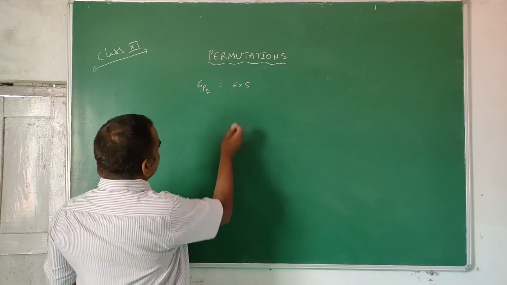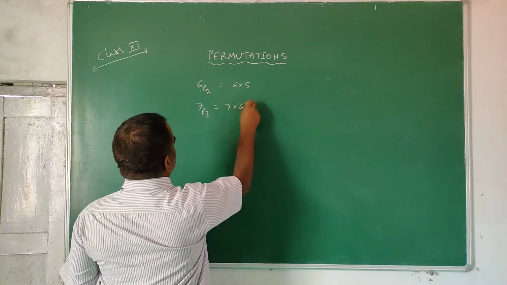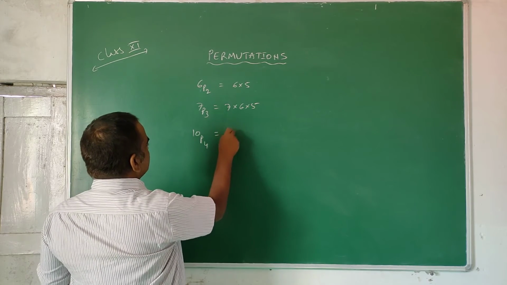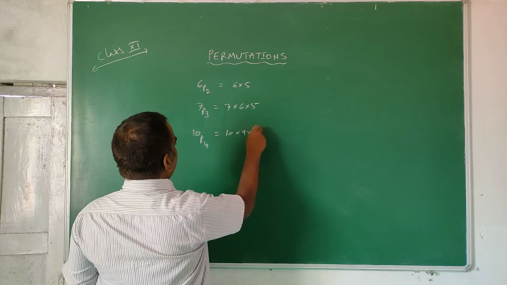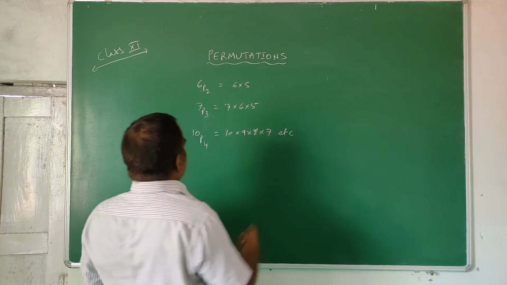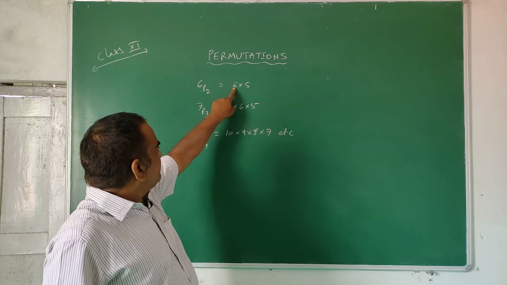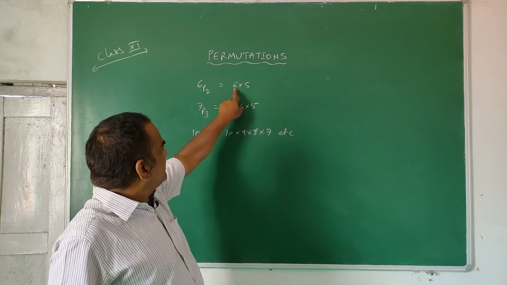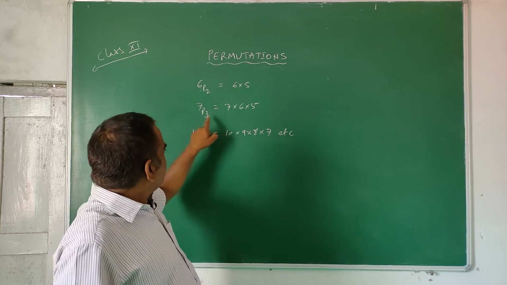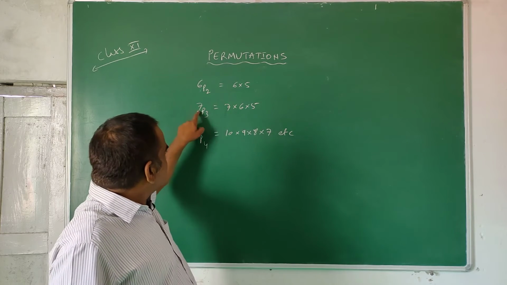So 6P2 means 6 into 5, 7P3 means 7 into 6 into 5, 10P4 means 10 into 9 into 8 into 7, like this. You begin with the n value, 6 here, and take 2 factors in the continued product since here there is 2. When there is 3, you take 3 factors beginning with 7.